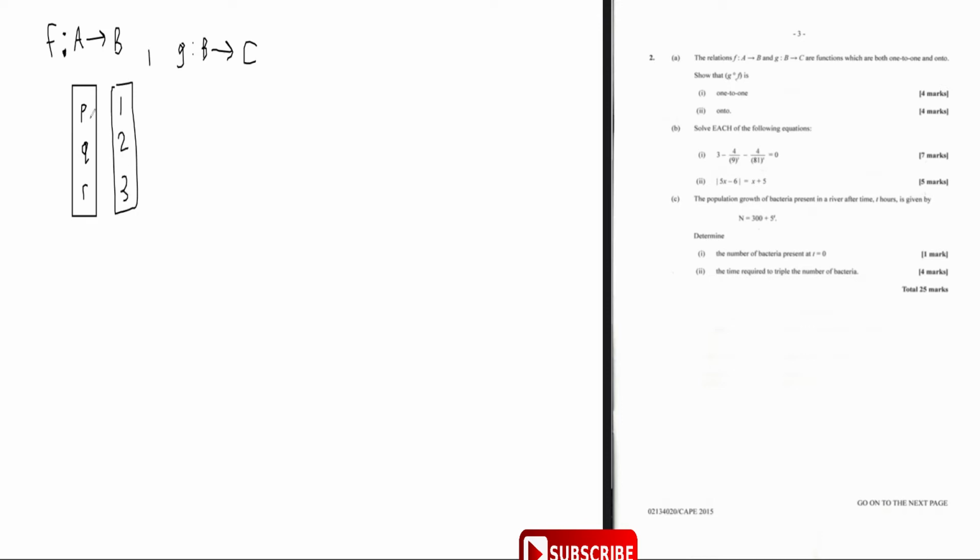Doing it with the example, they said that f is one-to-one and onto. So let's make P map to 1, Q map to 2, R map to 3. This is f.